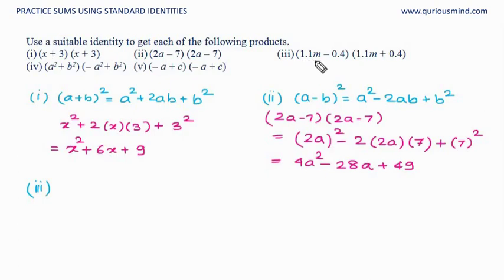Let's do the third one. Here we have a number minus another number and the first number plus another number. So it is (a-b) into (a+b). So we are going to use a square minus b square, identity number 3. So here a is 1.1m and b is 0.4.